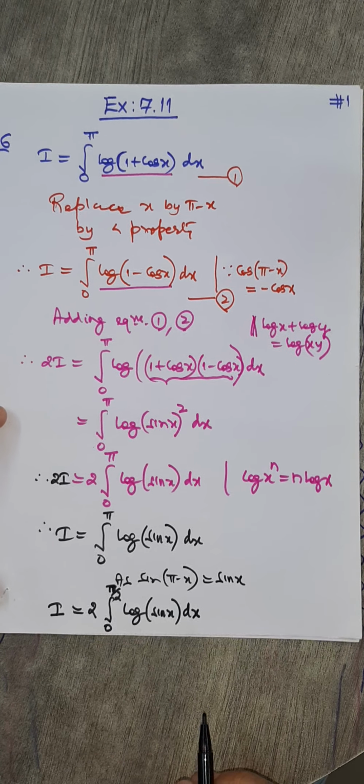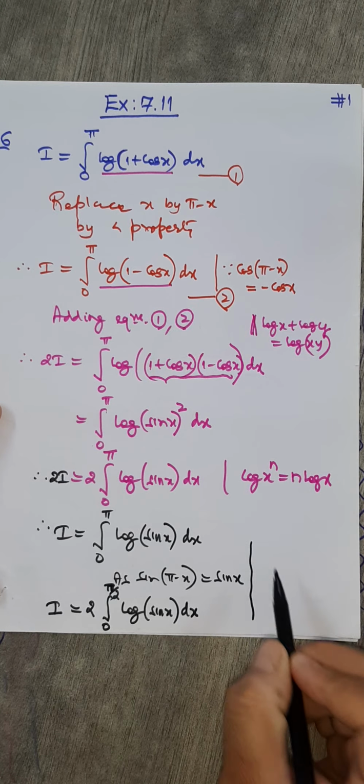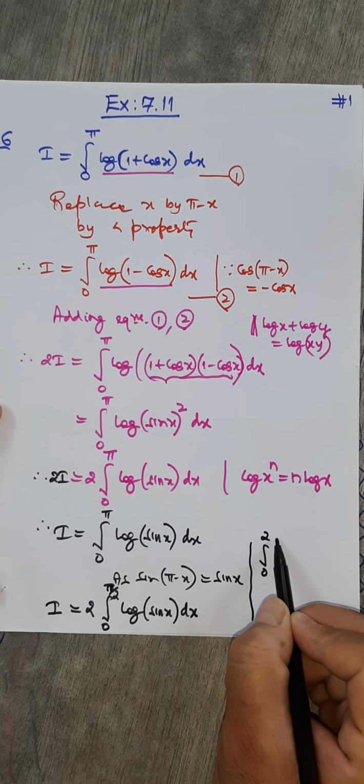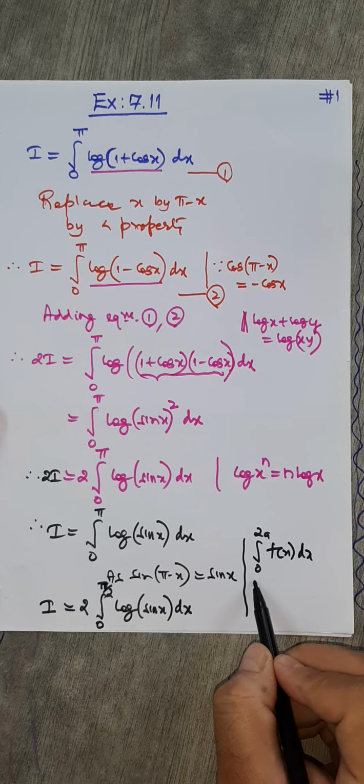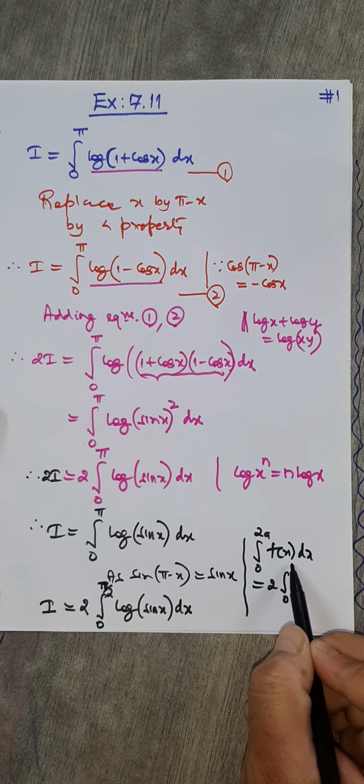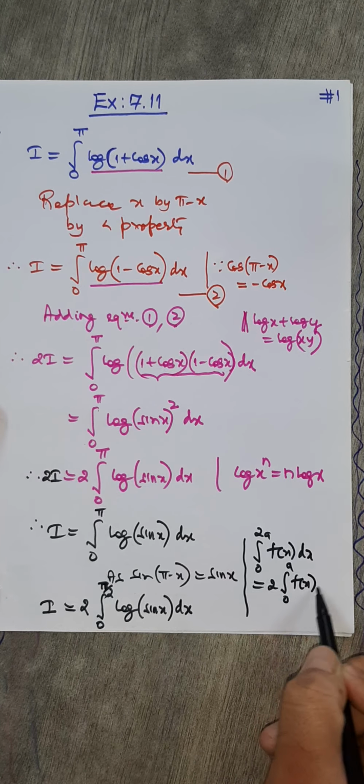Which property have I used? This one: integral 0 to 2a of f(x) dx equals twice integral 0 to a of f(x) dx.